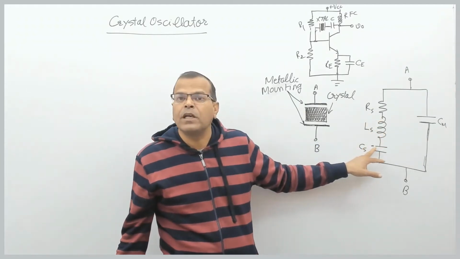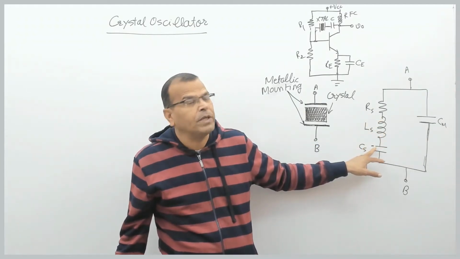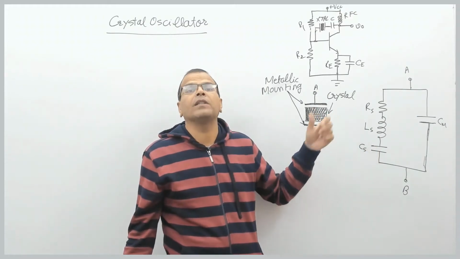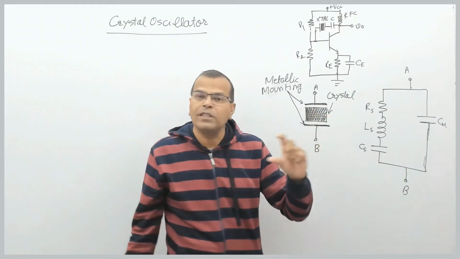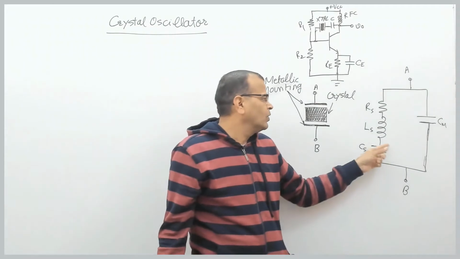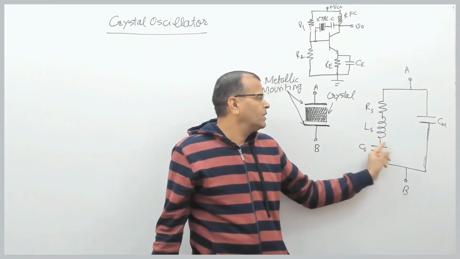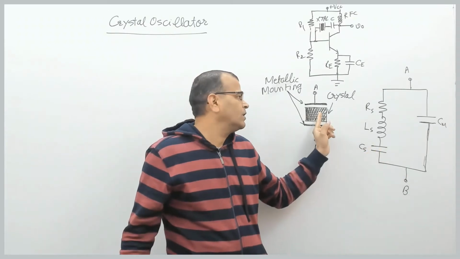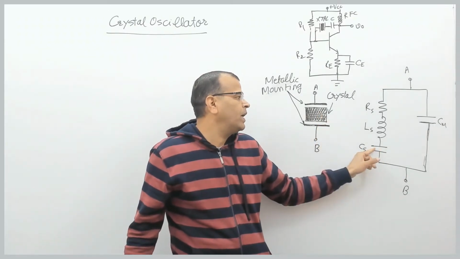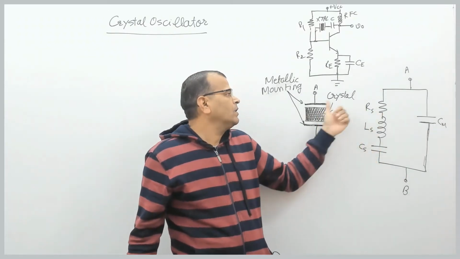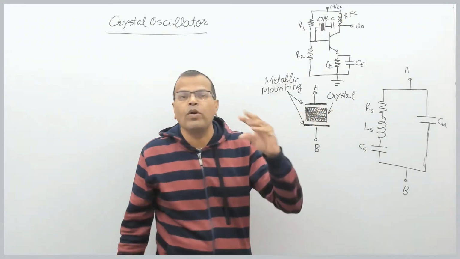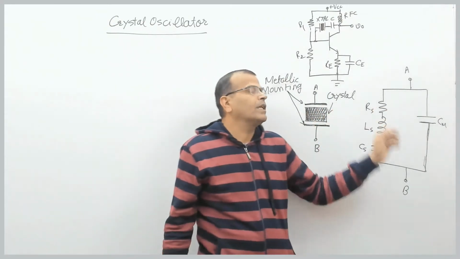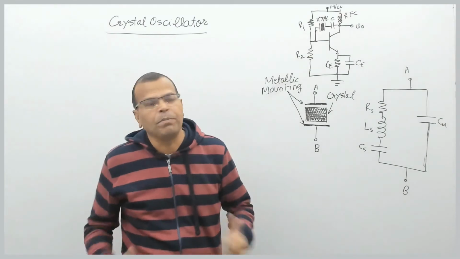Capacitance represents a spring, which is also an energy storing element, but here we have elasticity rather than a spring. Elasticity is also an energy storing element, so it is represented by the capacitor, and the molecular friction is represented by the resistance of the series RLC branch.